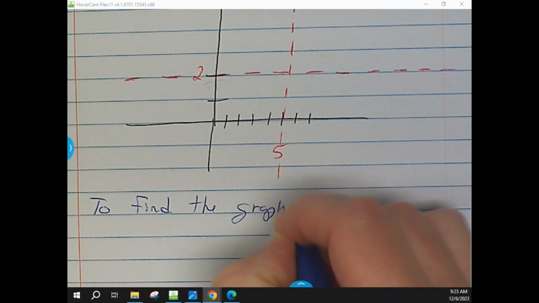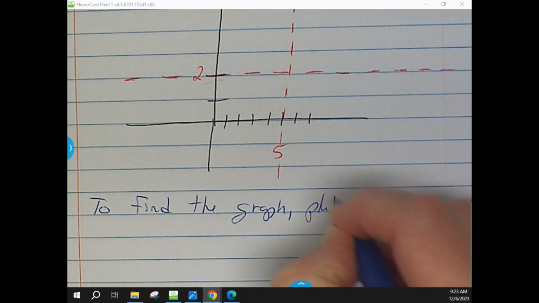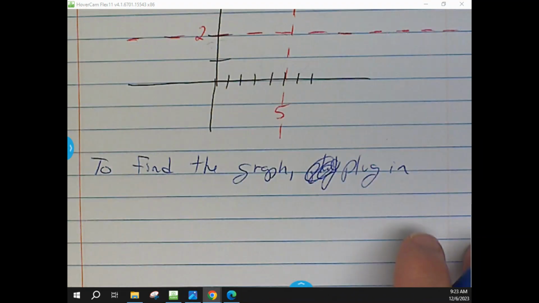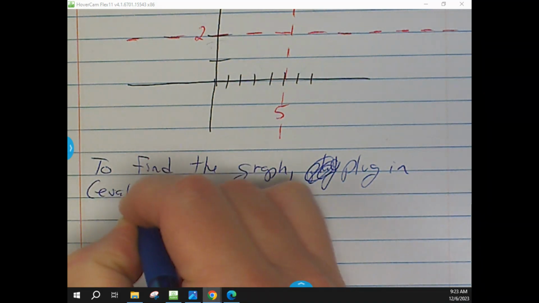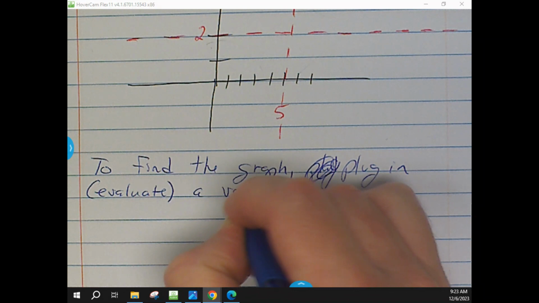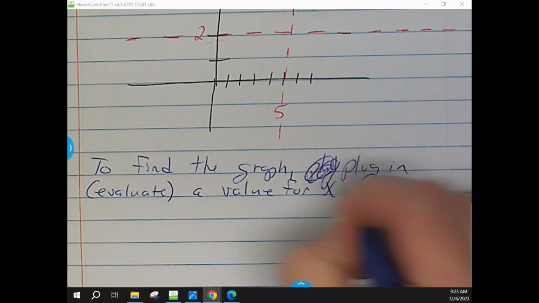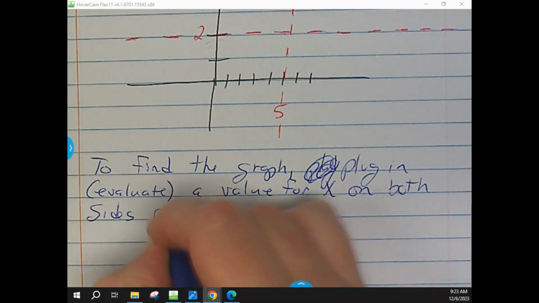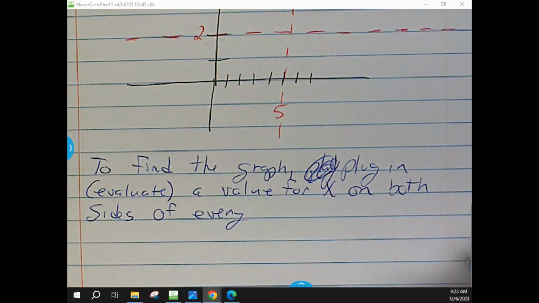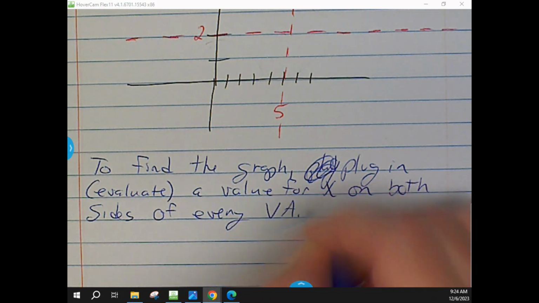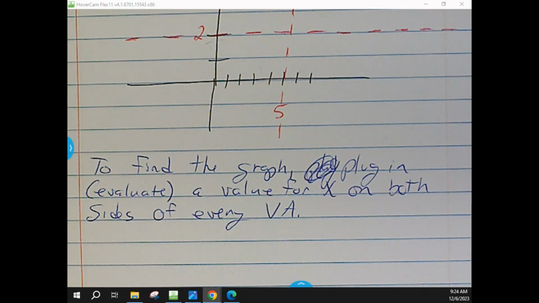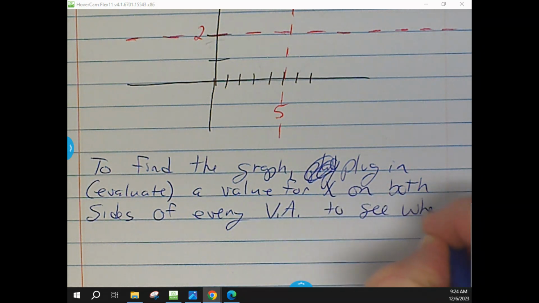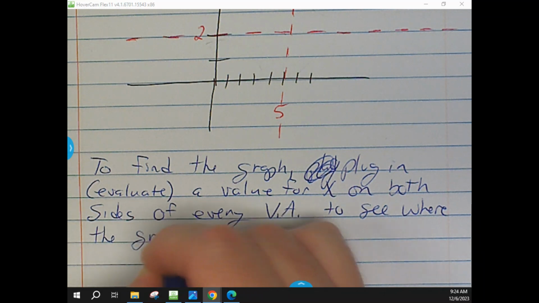To find the graph, you're going to have to plug in, again, the fancy word for plugging in is evaluate, a value for x on both sides of every vertical asymptote to see where the graph goes.